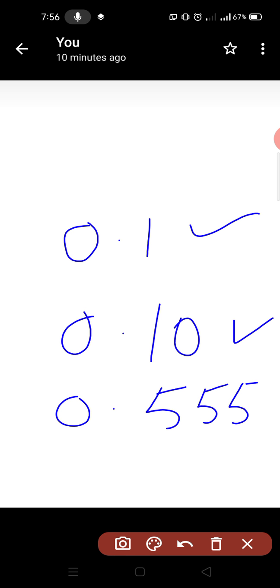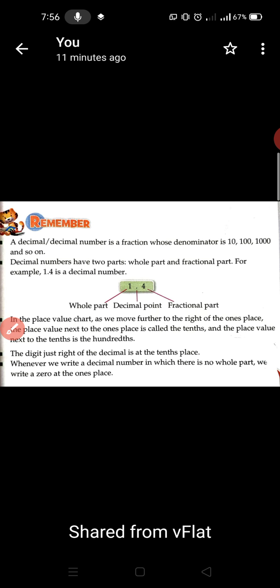If a whole part is not there, we denote it by 0: 0.1, 0.10, 0.555. This is the fifth point. Whenever we write a decimal number in which there is no whole part, we write a 0 at the ones place of the decimal number.